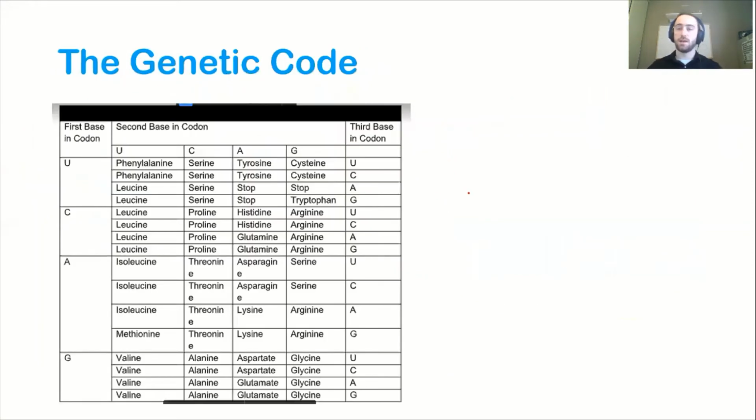So let's say we had a chain of base pairs, such as this. This is our chain of base pairs. So the first thing we want to do is determine if we have a DNA or an mRNA strand, right?